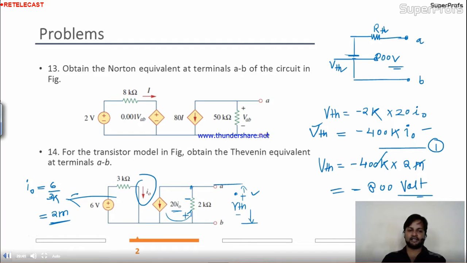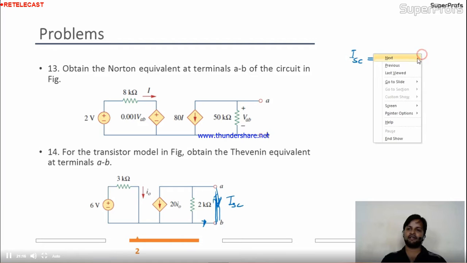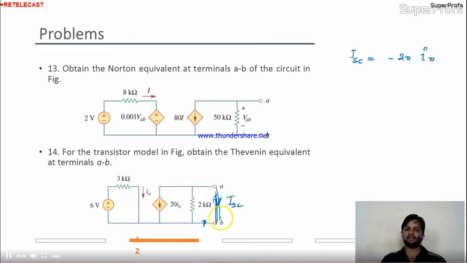Now come to the RTH. See, in the last example, how we calculated the RTH by shorting it, right? Here also I'll apply the short circuit like this. I will assume the current ISC. And you remember, this entire current flowing in this mesh will now come to this short circuited path, because current always follows the path in which we have zero resistance. So here your ISC is nothing but minus 20 I naught. The entire current is now flowing in the ISC.